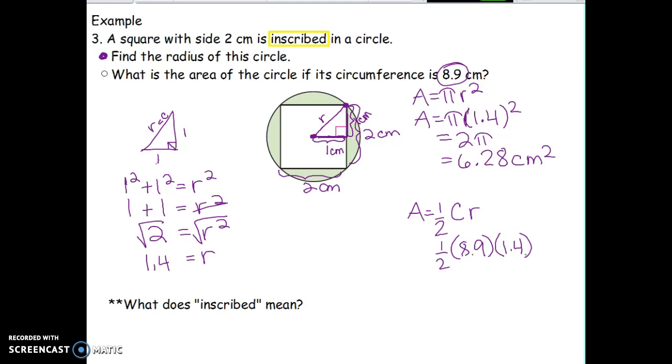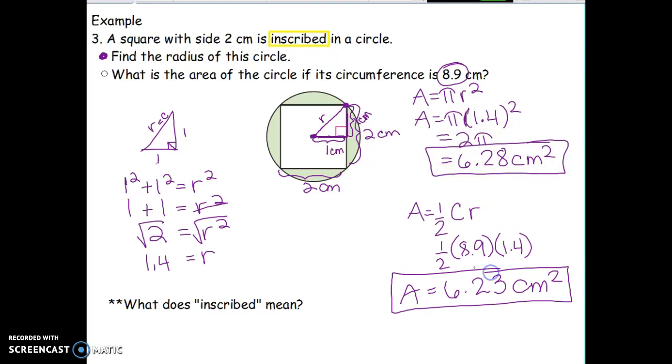So if we take 0.5 times 8.9 times 1.4, we get 6.23 centimeters squared. So again, slight difference. And it's more because the radius is not exactly the apothem.